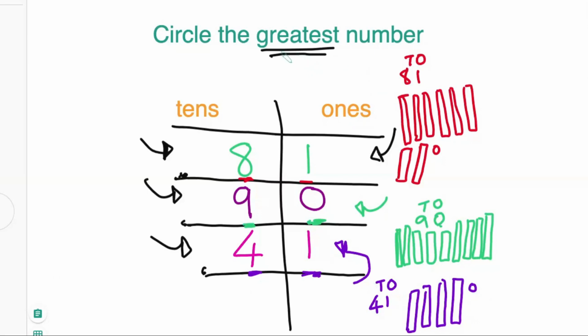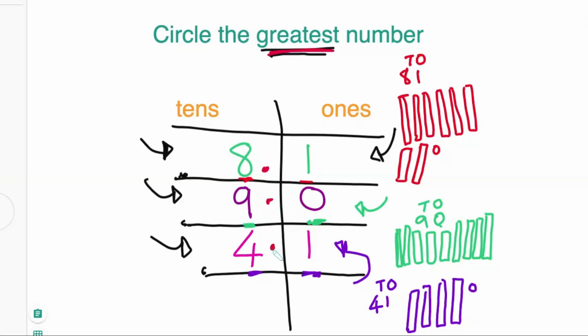So the question was, circle the greatest. It's asking us to circle the greatest, the number with the most, the highest number, the biggest number. That's what we have to circle. So looking at our tens, which number has the most tens?